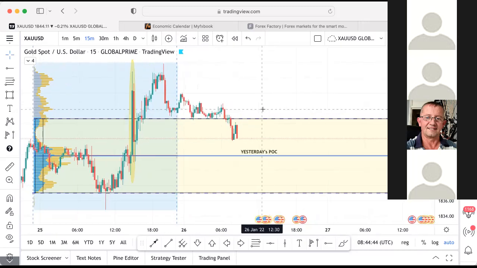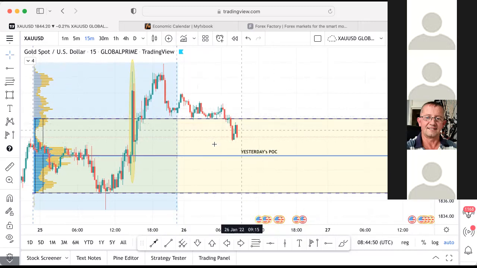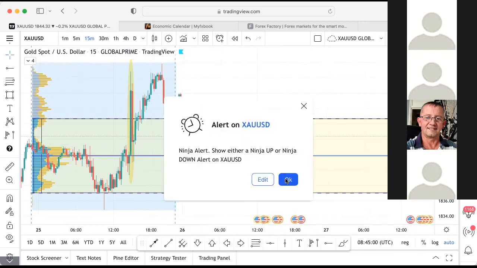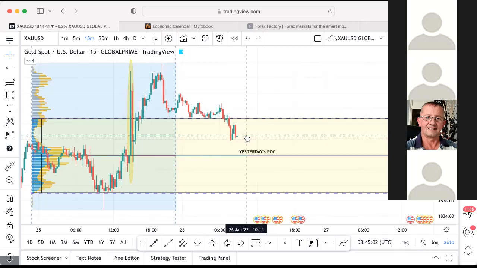So come back to where we are now. This is today's price. We're looking at yesterday's point of control. We can see that we are currently within the value area and we're above it, so we should be looking for sells.